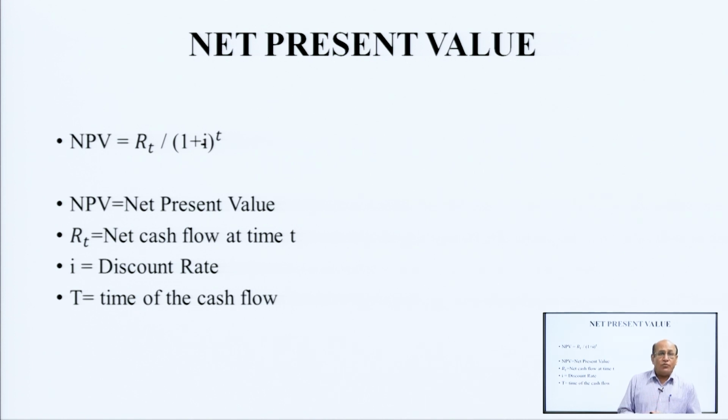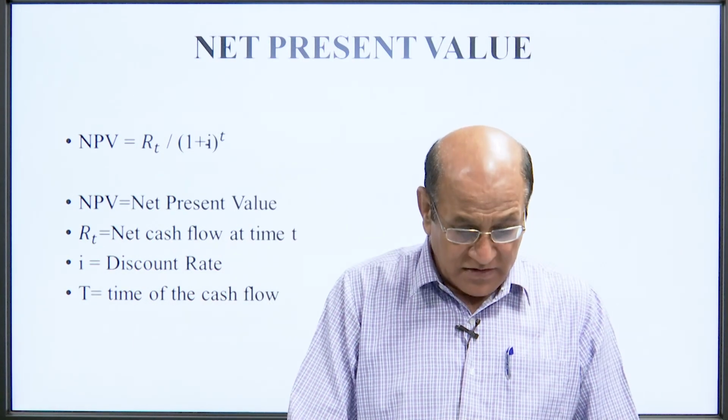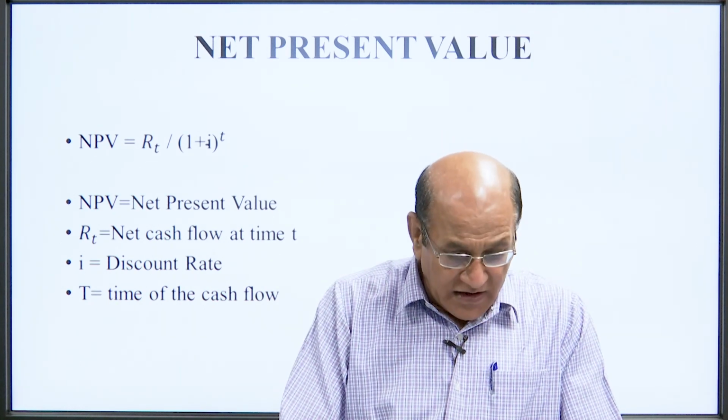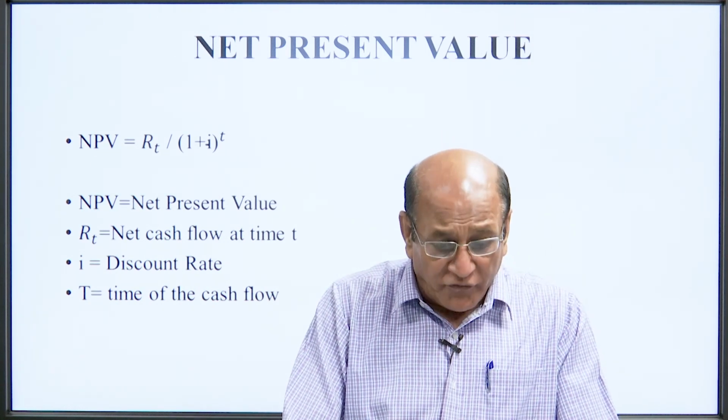The net present value could be calculated by this formula: NPV is equal to R_t divided by (1 plus i) to the power t, where NPV is the net present value, R_t is the net cash flow at time t, i is the discount rate, and t is the time of the cash flow.